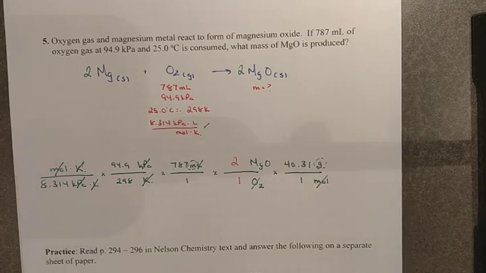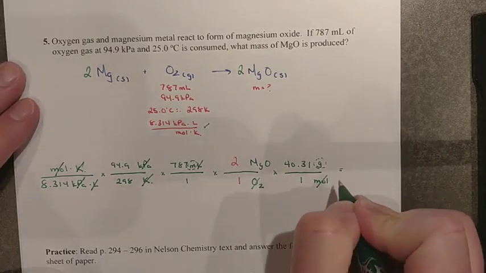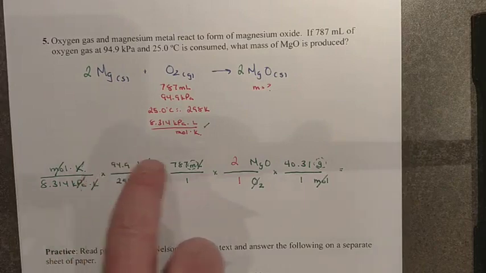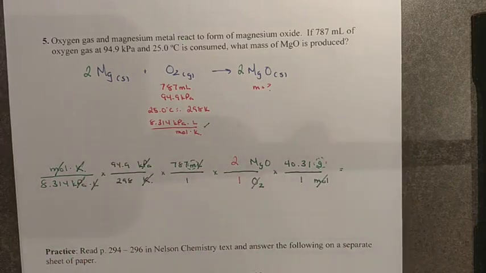If you don't like that, we can certainly turn that into grams, but it is a valid amount here that we can use. And so it just takes us running through our calculator. Remember that numerators are multipliers, so I would probably do 94.9 times 787 times 2 times 40.31, and I'll divide that by 8.314.